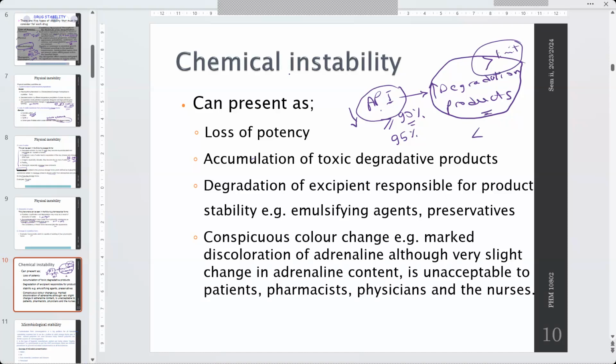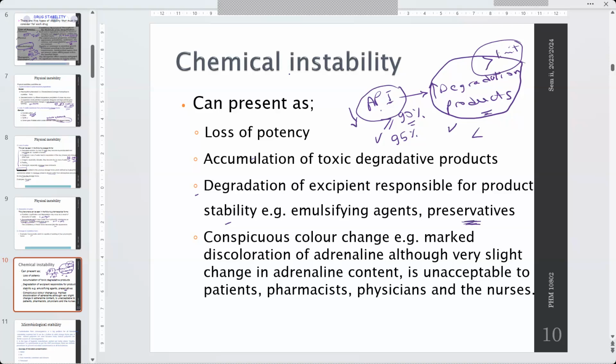So sometimes the shelf life, or the chemical stability, is determined by degradation of an excipient responsible for product stability. As we mentioned in the previous slides, the preservative content. If the preservative, for example, this one's still okay, this one's still okay, but the preservative decreased to an amount that it cannot maintain the microbial stability anymore, then the product cannot be used anymore.